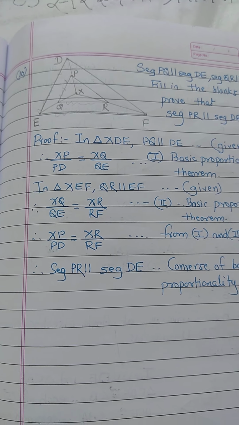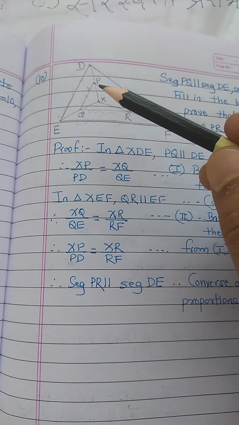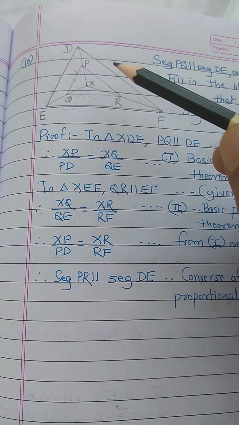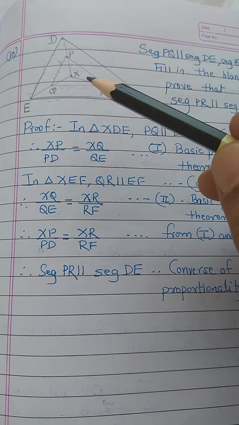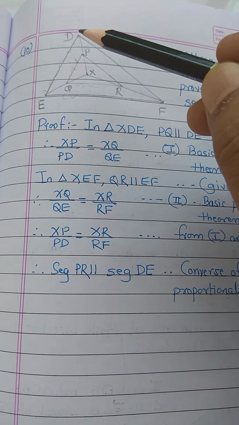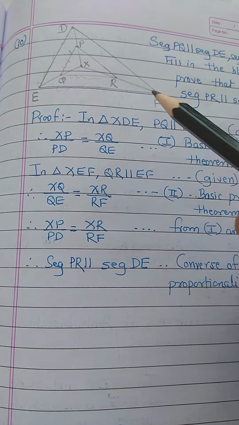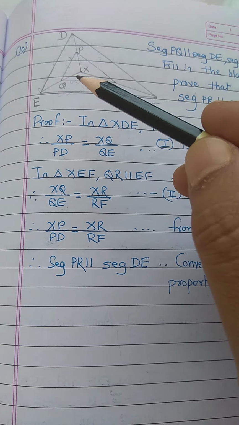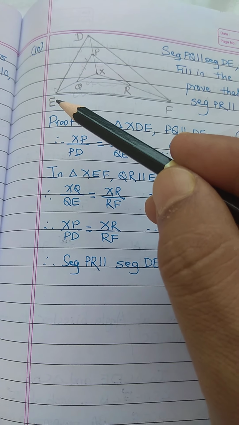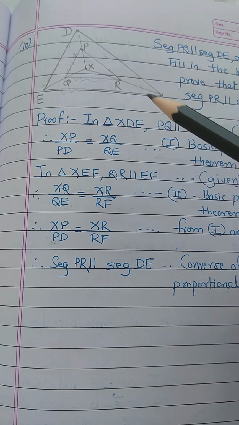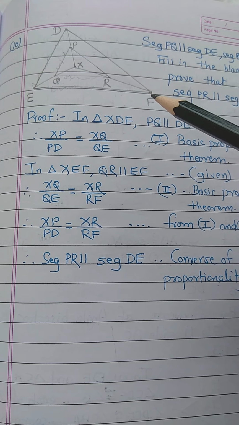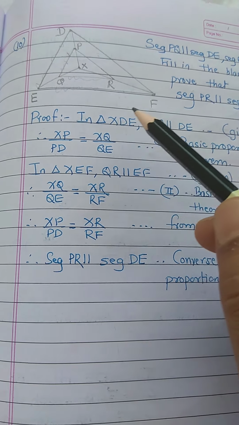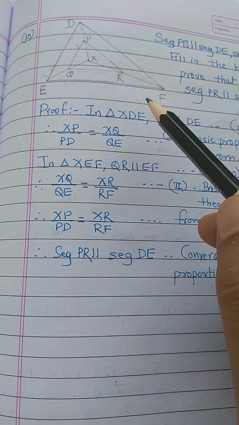In short, if we are trying to show that PR is parallel to DF, then we should know the ratio of XP upon PD and XR upon RF. But XP upon PD is equal to XQ upon QE by the basic proportionality theorem. XR upon RF is also equal to XQ upon QE by the basic proportionality theorem because QR is parallel to EF.